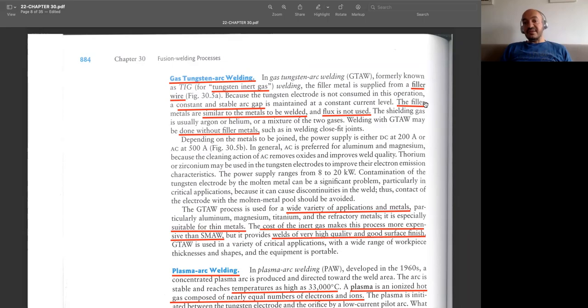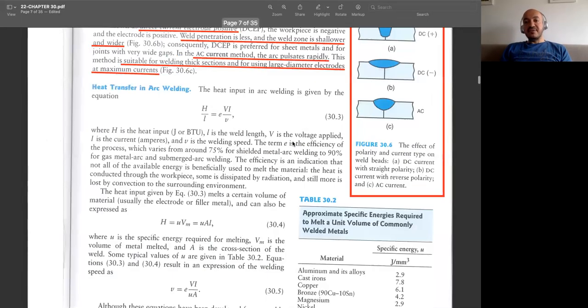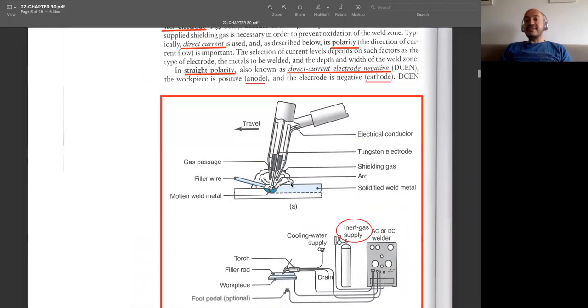Another issue about the filler metals is that they should have similar properties with respect to the metals which are going to be joined. We are not using flux as in the case of oxyfuel welding or another arc welding we are going to discuss. Flux is not utilized, so at the end of the process, we are not generating any slag.